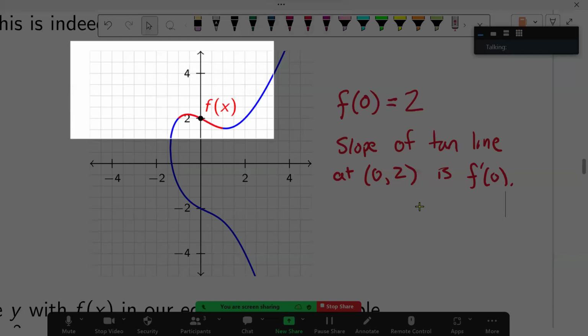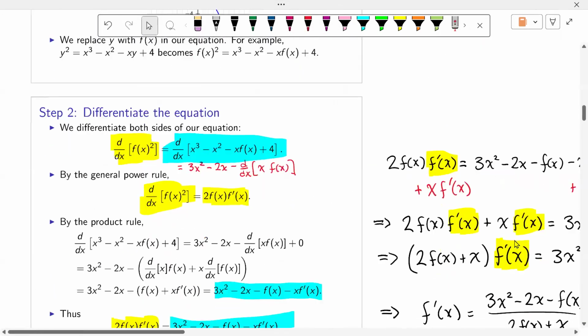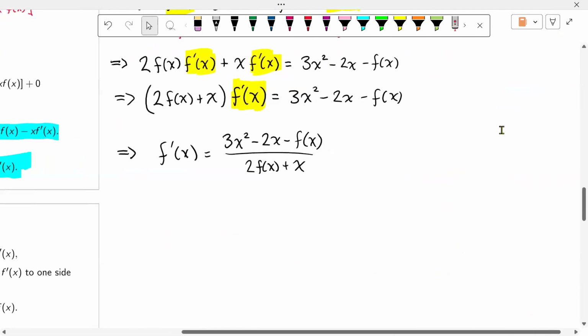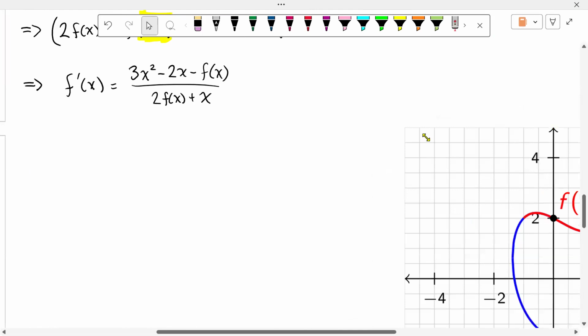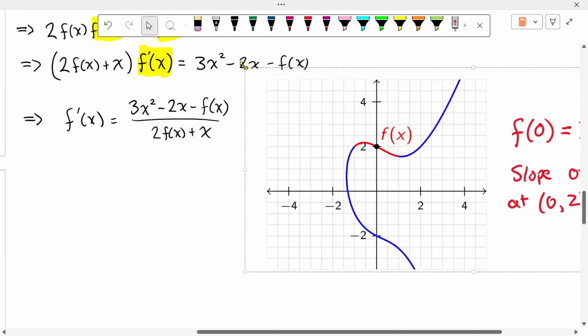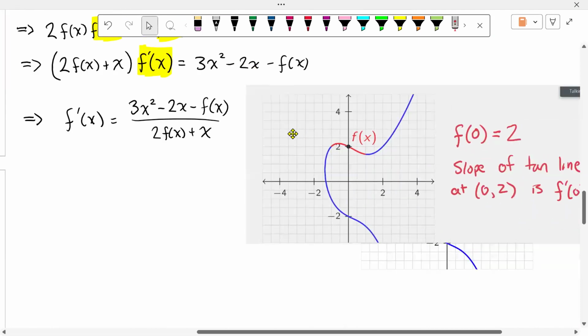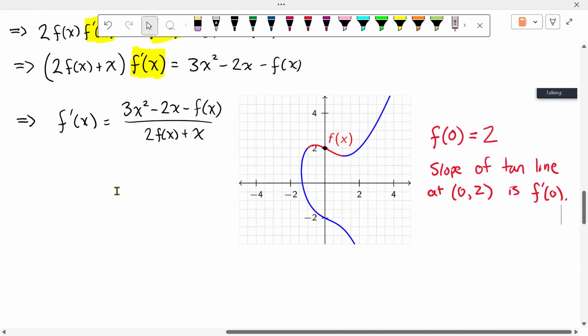Let's take a picture there. And if we go back to our work here, this is pretty neat. It's kind of enormous. With this observation in mind, I can now just plug in x equals 0.